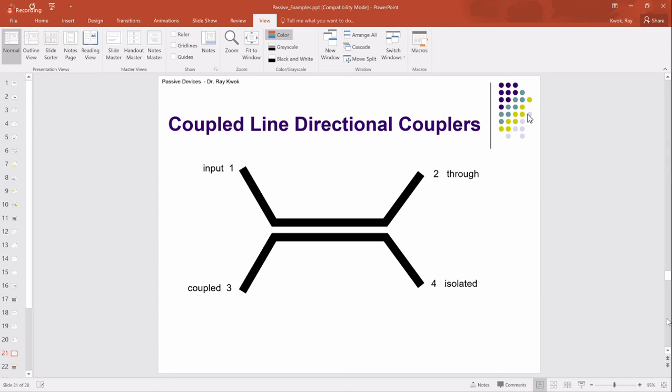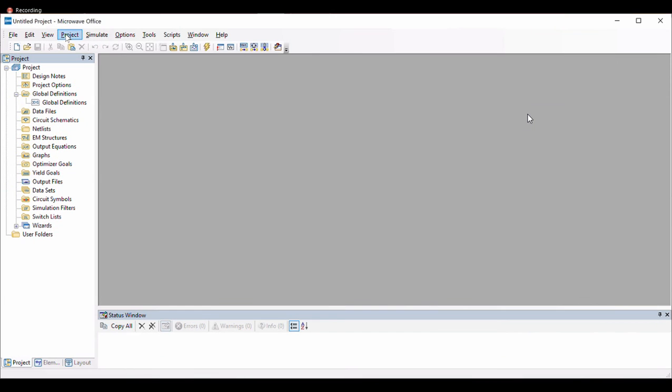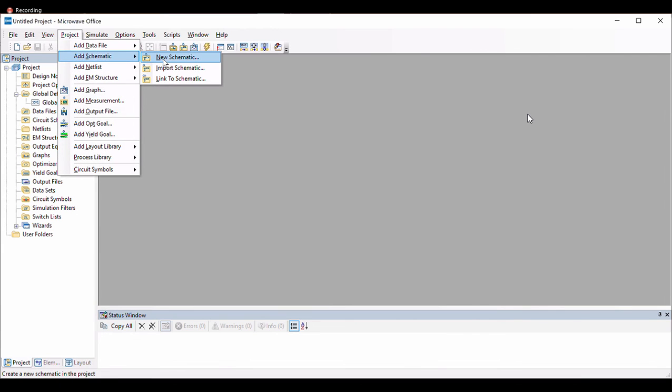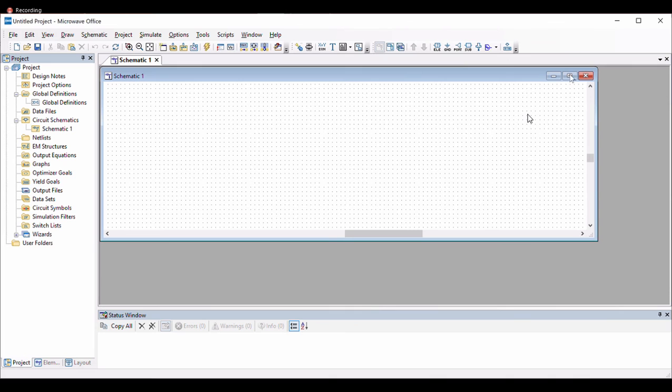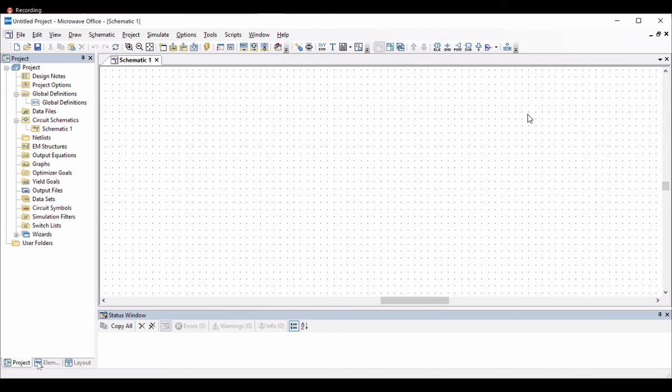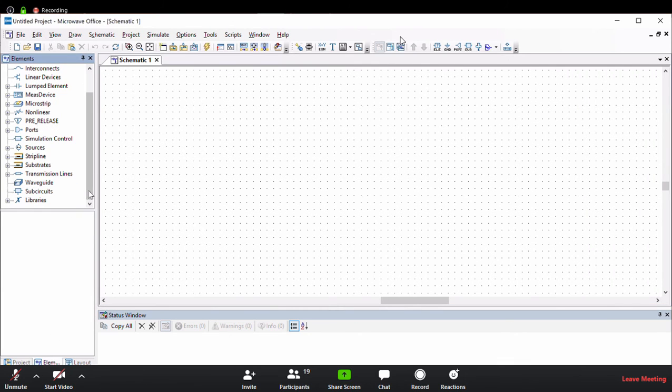In AWR, for the transmission line, there's a coupled line. If you go to AWR, go to elements, transmission line.